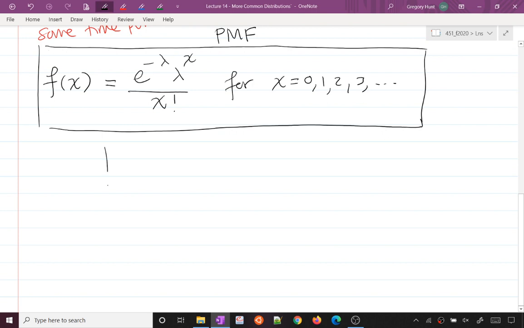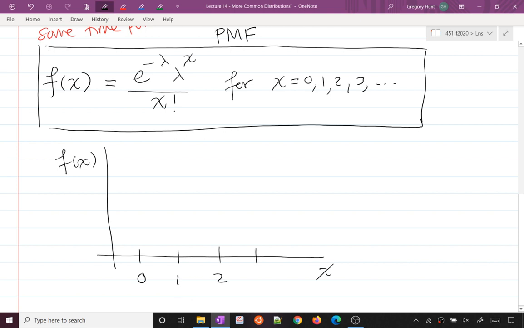We can maybe draw a little graph. The shape of our PMF obviously is going to depend exactly on our rate parameter lambda, but typically, let's see if I can count 0, 1, 2, 3, right? Typically, the Poisson distribution looks something like this. It's highest for low values and decays as we go out.